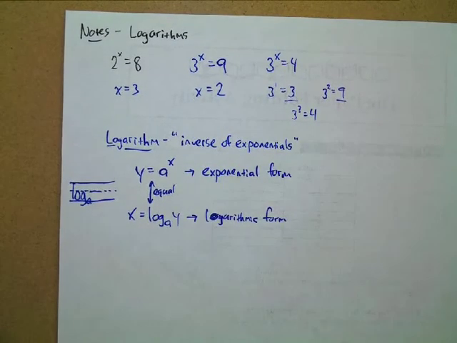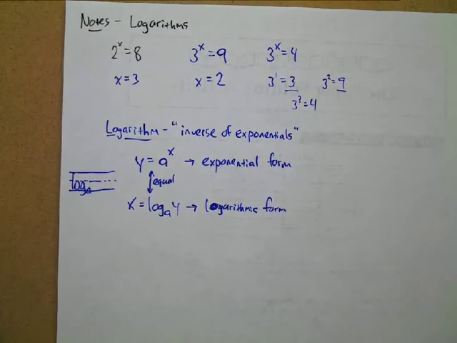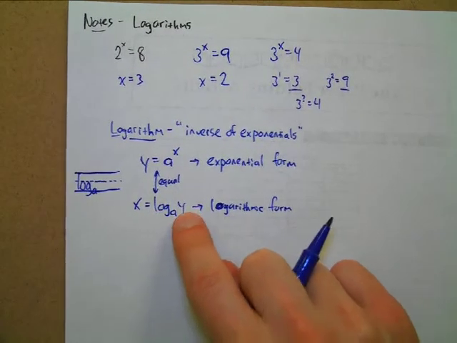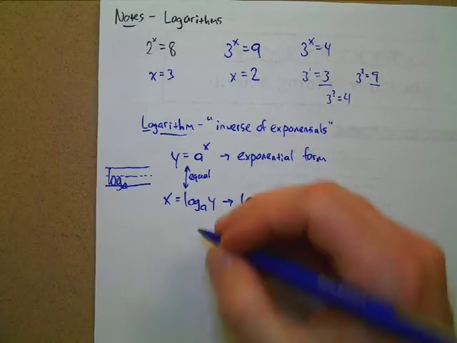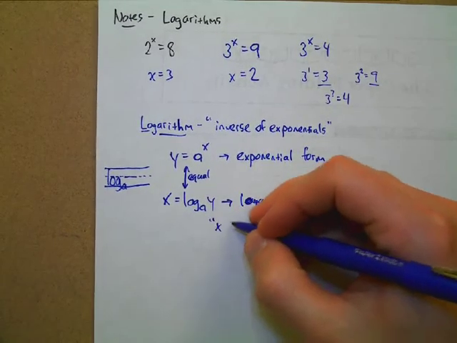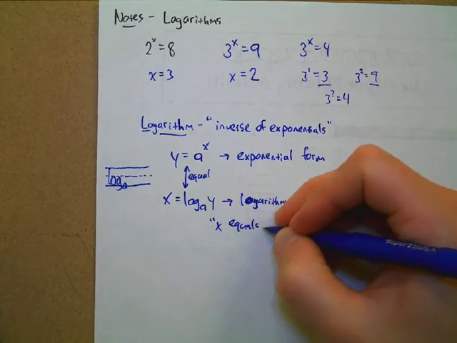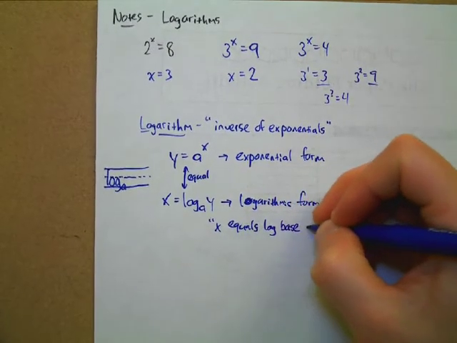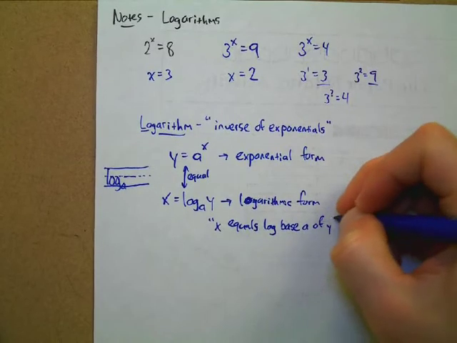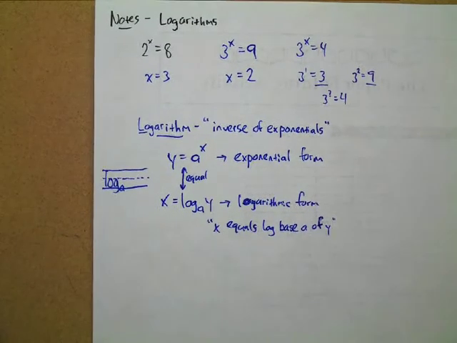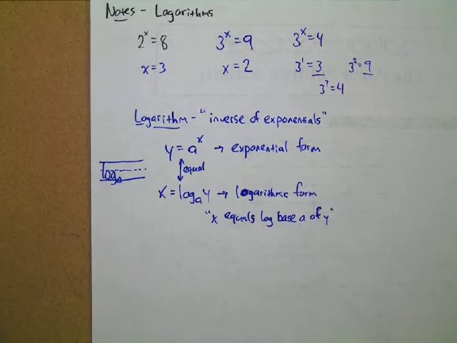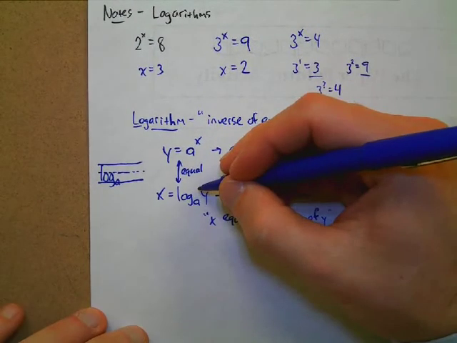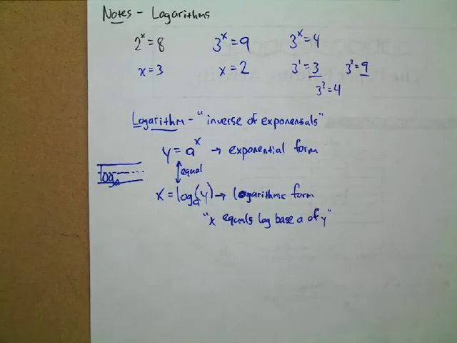When I say y equals a to the x, or when I say x equals log base a of y, these are saying the exact same thing. I wrote it in English there too: x equals log base a of y. So you think of this y as inside the logarithm.